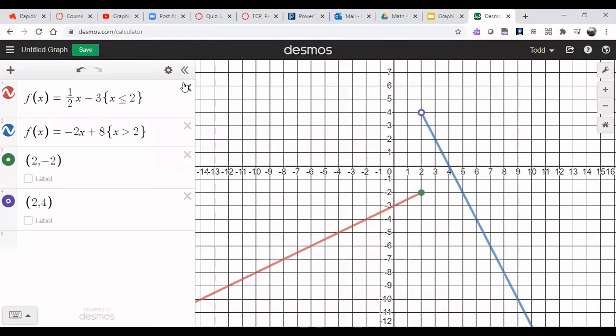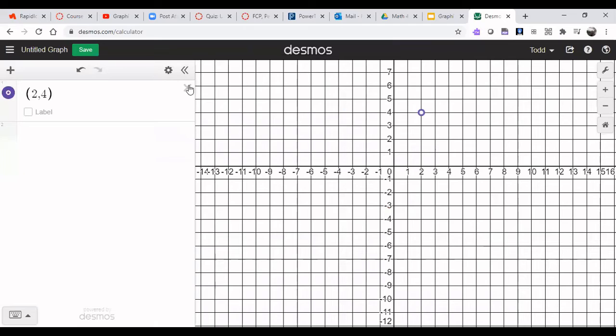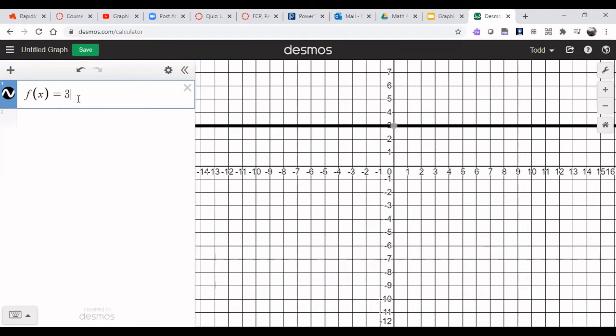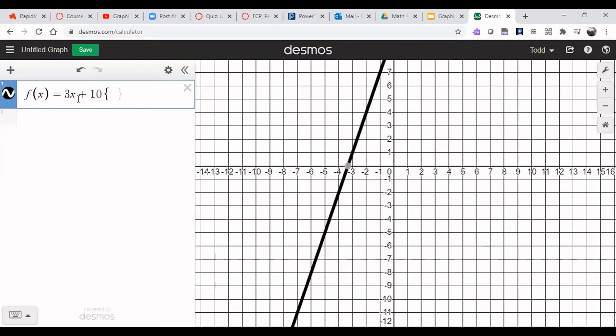So in Desmos, clear out everything. f of x equals 3x plus 10, in curly brackets, when x is less than or equal to -5. In the curly bracket.